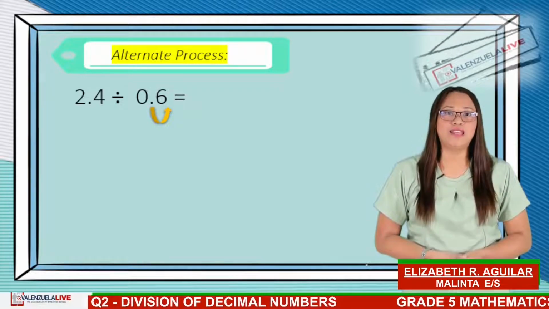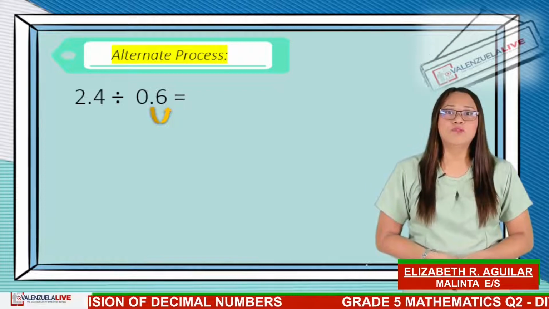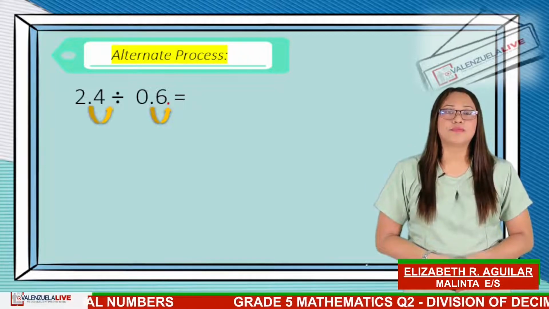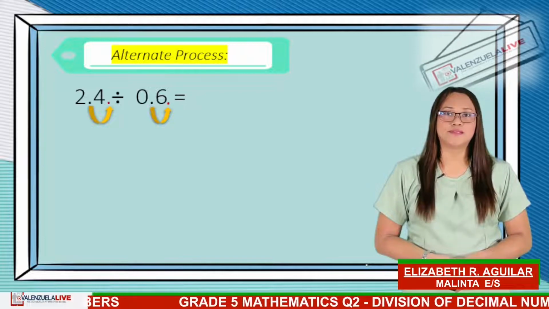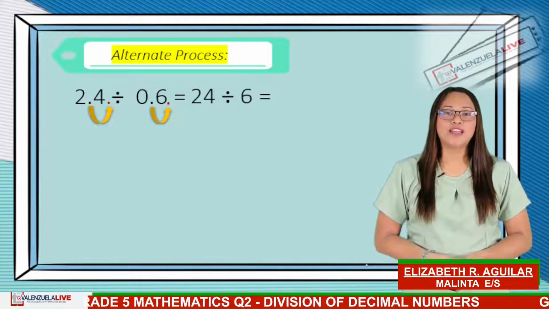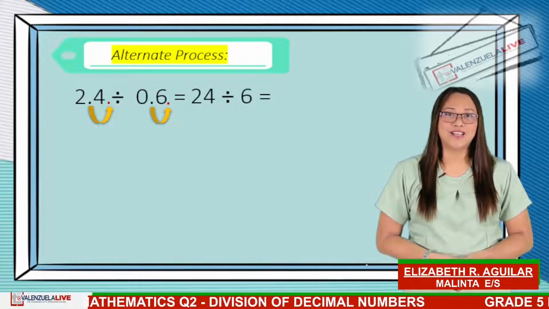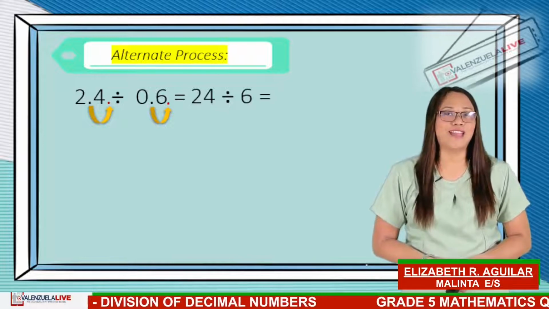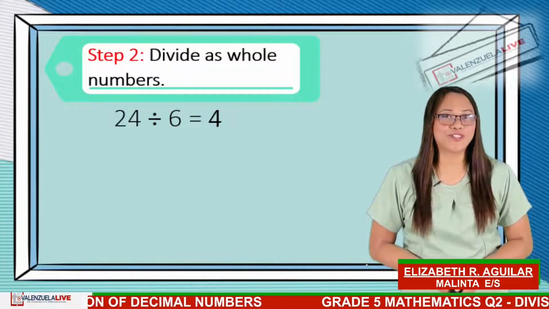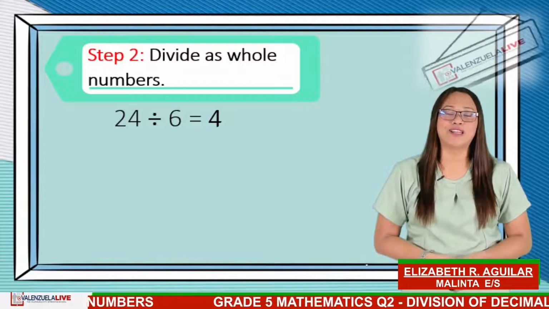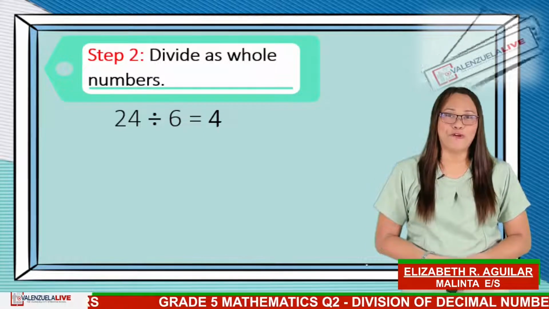So with the dividend, we are going to move also the decimal point to the right. All right, so this time it will become 24 divided by 6. So let's have first the step 2. Divide as whole numbers. 24 divided by 6 is equal to 4.